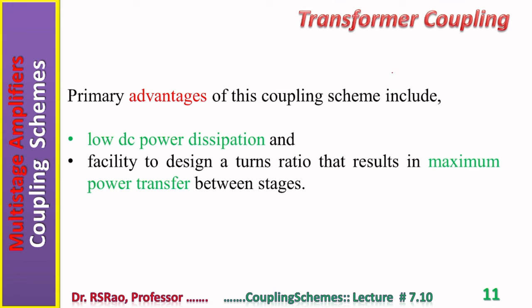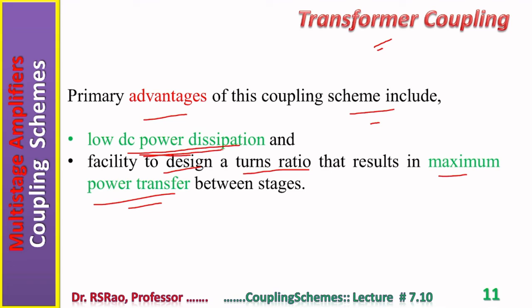Some more points regarding transformer coupling. Primary advantages of this coupling scheme include low DC power dissipation and the facility to design a turns ratio that results in maximum power transfer between stages. Low power dissipation means more efficiency, low wastage, low heat generation, low temperature rise.